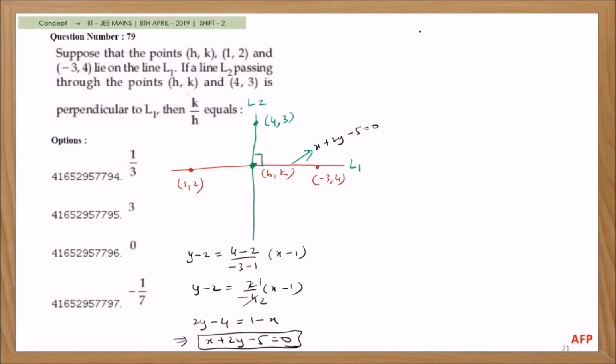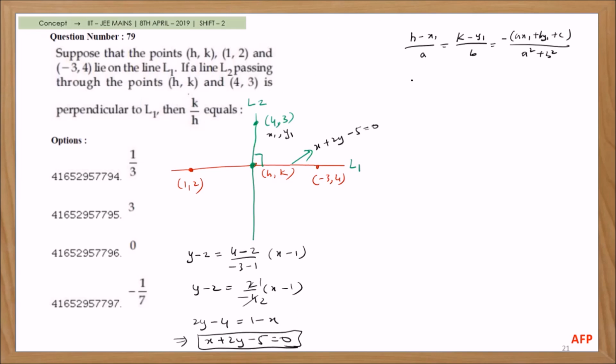Okay, so we'll go for the condition (h minus x1) divided by a is equal to (k minus y1) divided by b is equal to minus (a x1 plus b y1 plus c) whole divided by (a square plus b square). So here the point, take it as (x1, y1). So here we have the a value, b value, c value.